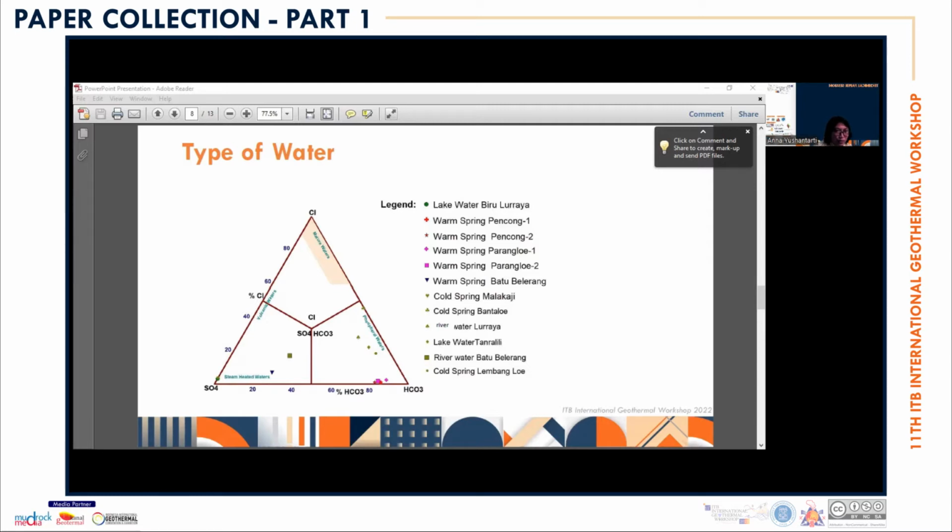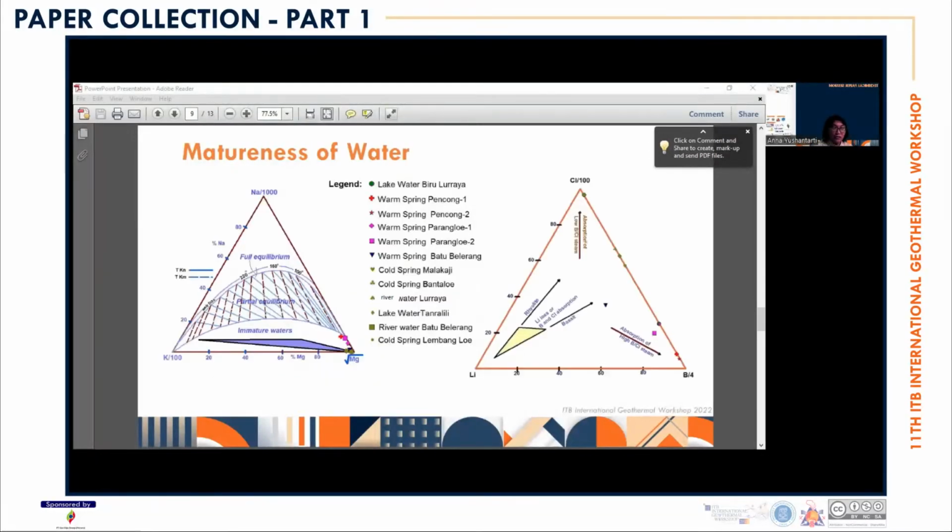While the Batu Belerang warm spring is plotted as the sulfate type. Based on the relative chloride, lithium, boron triangle diagram, the Pencong group is in the boron zone, while the Batu Belerang is in the middle of the chloride boron zone, with values that are not too high.